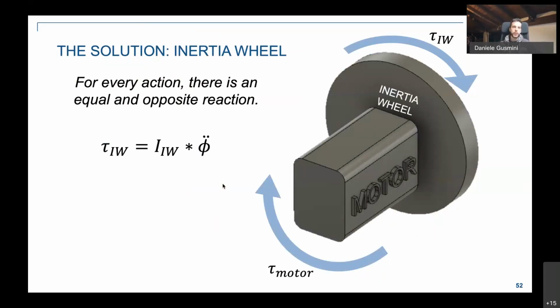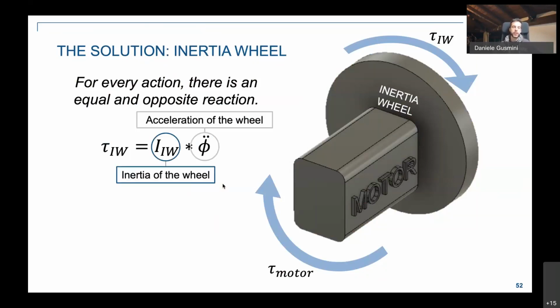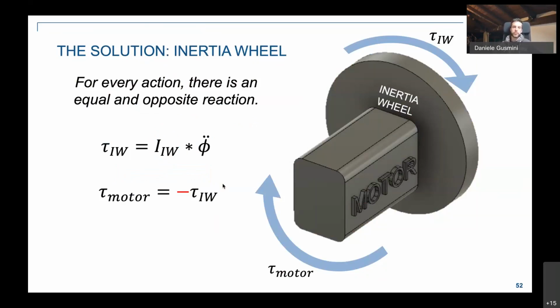So we know that the torque produced by the inertia wheel will be equal to its inertia multiplied by its acceleration. Of course, since for every action there is an equal and opposite reaction, if we compute the equilibrium between the motor and the inertia wheel, the torque of the motor will be minus the torque of the inertia wheel in order to balance the two.